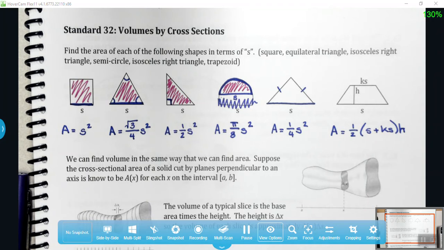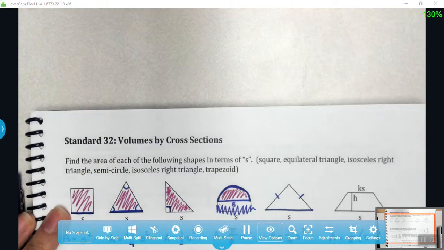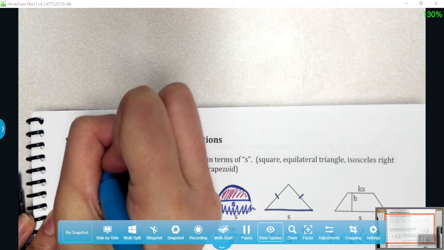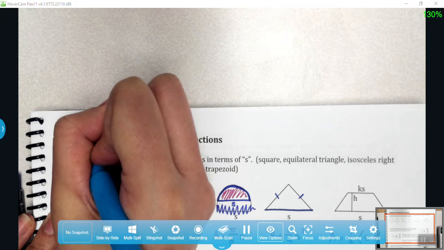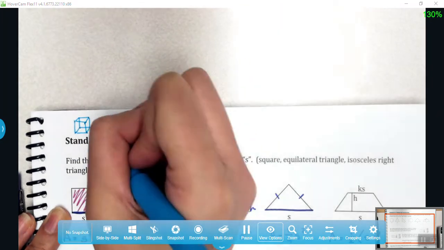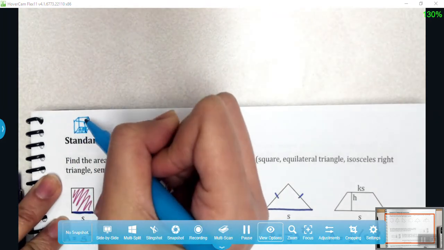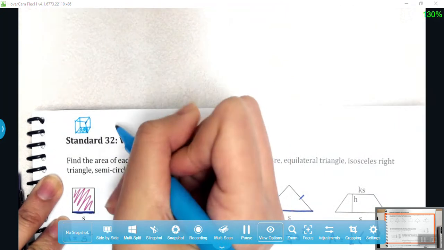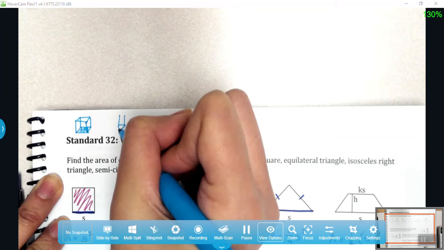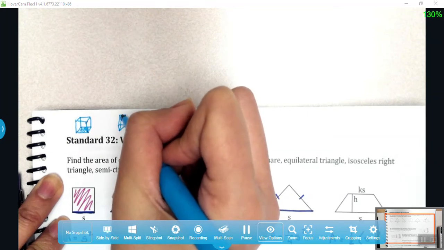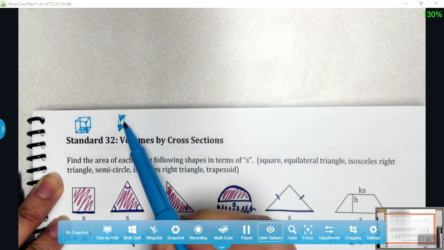So think about when you find the volume of a rectangular prism. Volume is length times width times height, right? So it's the area of the base times the height, right? And if you do a triangle, like a Toblerone, it's the area of the base times the height, right?